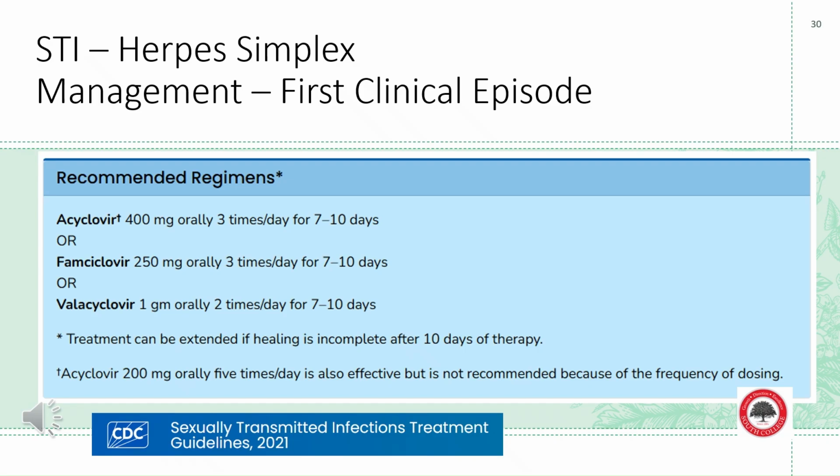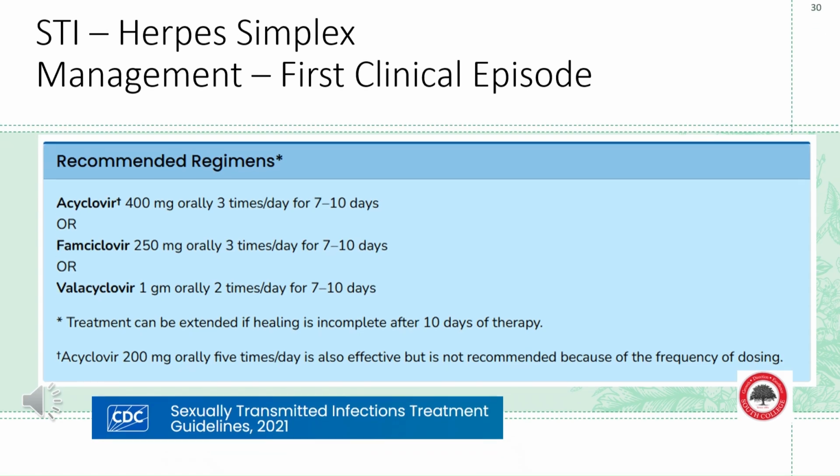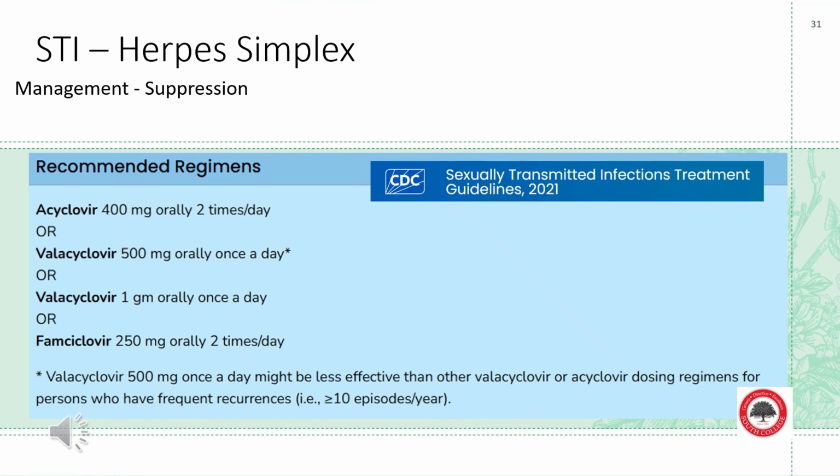Valacyclovir is the most commonly used treatment because of the dosing regimen. You're going to have a different dose for the first clinical episode. And then for subsequent or recurrent episodes, there's a different treatment regimen.